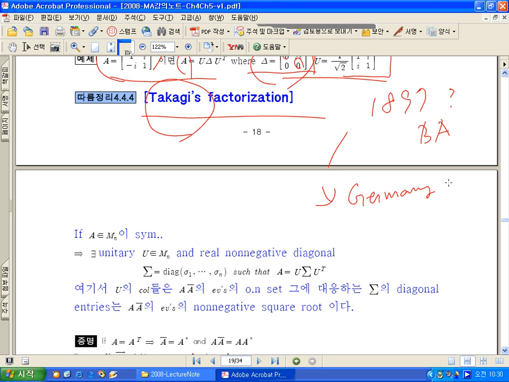And he came back to Japan, and he wrote his PhD thesis in Japan, and he earned his PhD in 1903.